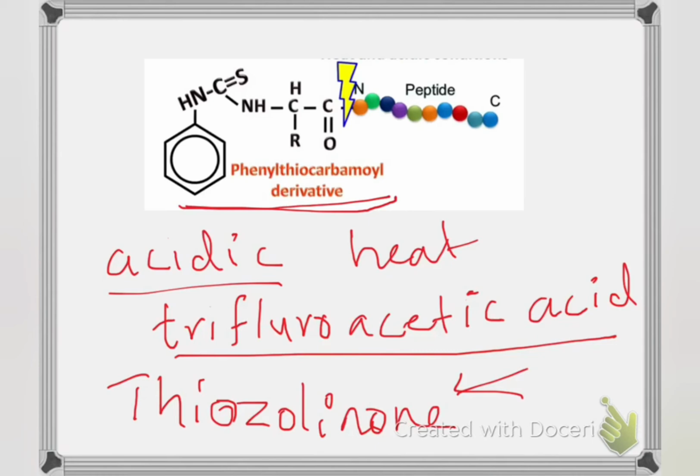Once more, the phenyl thiocarbamyl derivative is treated with acid and heat. The acid used is trifluoroacetic acid, forming the thiazolinone derivative.